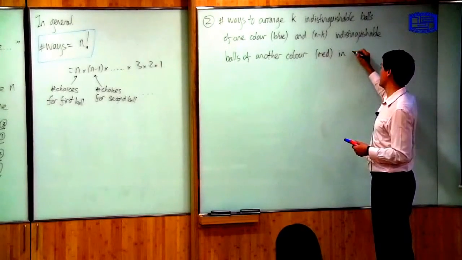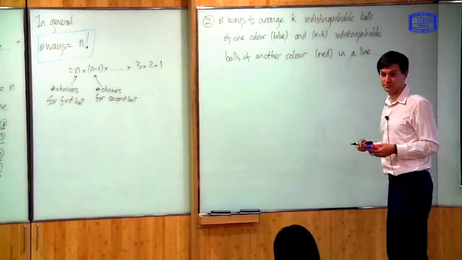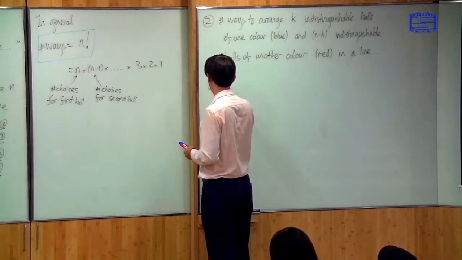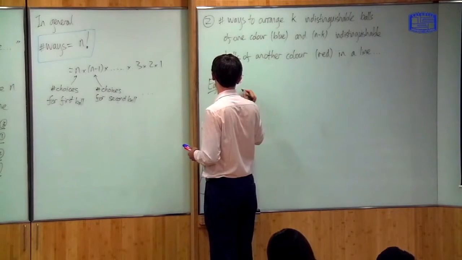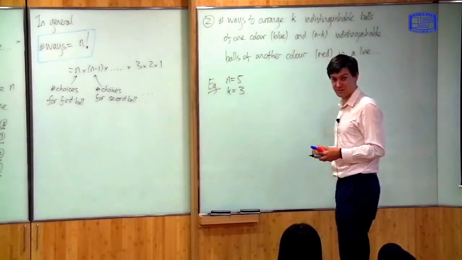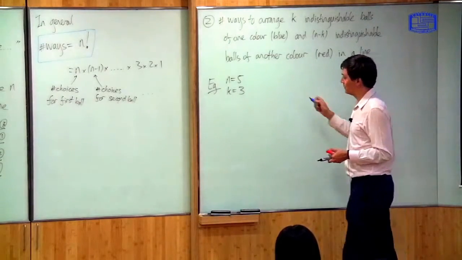Yeah, and again, this is in a line. Okay, so let's take this case. N is 5 and k is 3. This means that there are 5 balls in total. 3 of them are blue and 2 of them are red.